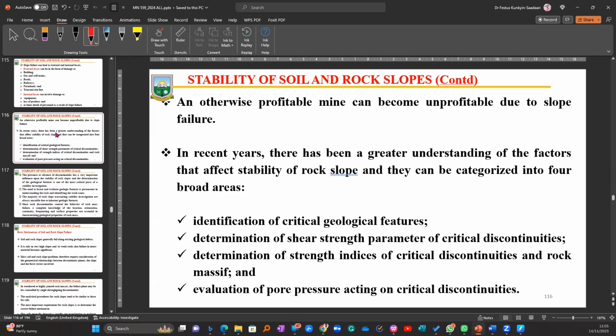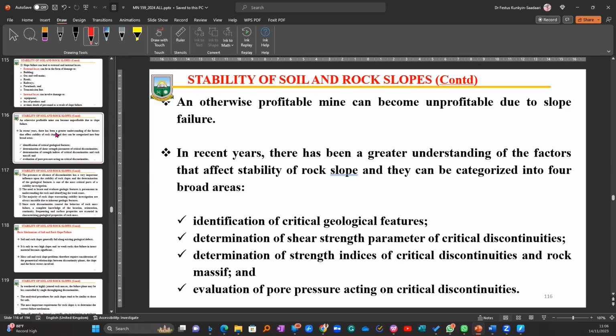So in recent years, there has been greater understanding of the factors that affect stability of rock slope, and they can be categorized into 4 broad areas. So the factors are: 1, identification of critical geological features. So for you to understand the stability issues of your slope, you can't ignore geology, the geological factors, and then be able to determine the shear strength parameters of your critical discontinuities.